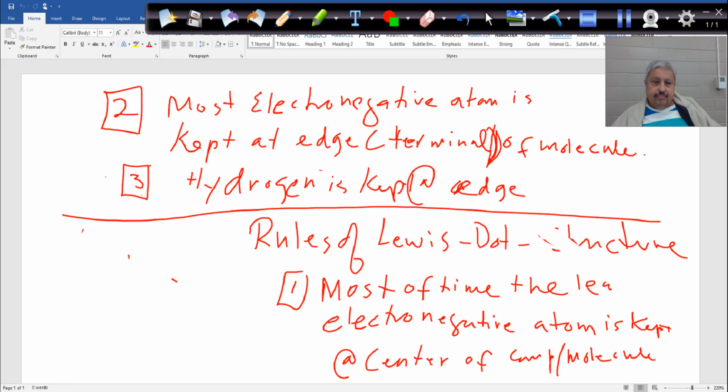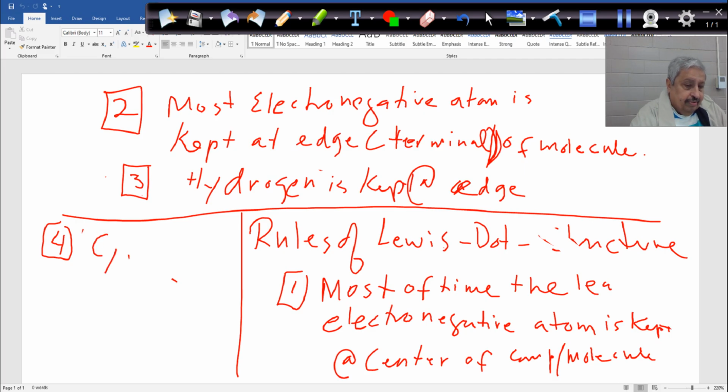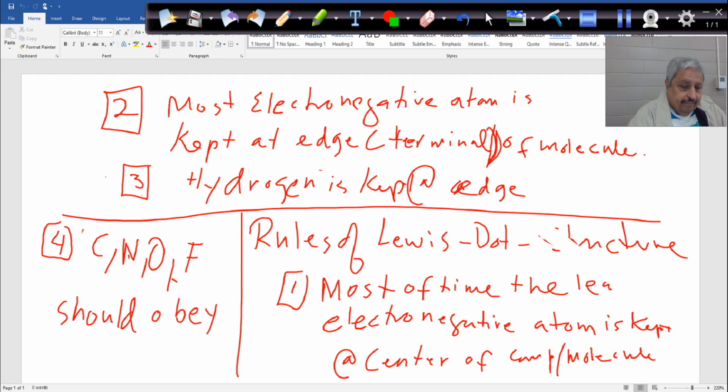Okay, guys. Number 3, hydrogen is kept at the edge. Number 4, 4 elements should observe the octet rule, correct? 4 elements: carbon, nitrogen, oxygen, fluorine should obey the octet rule.